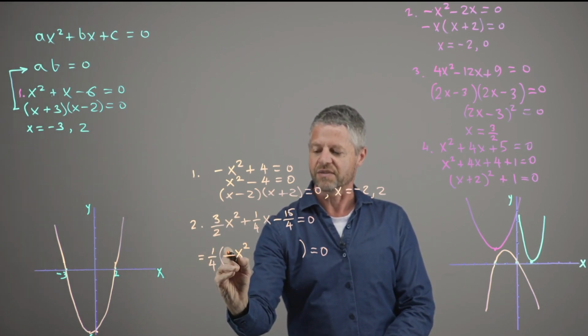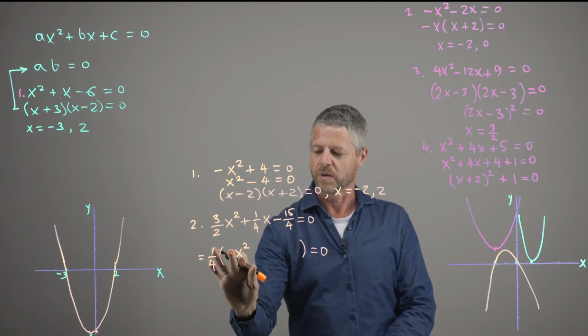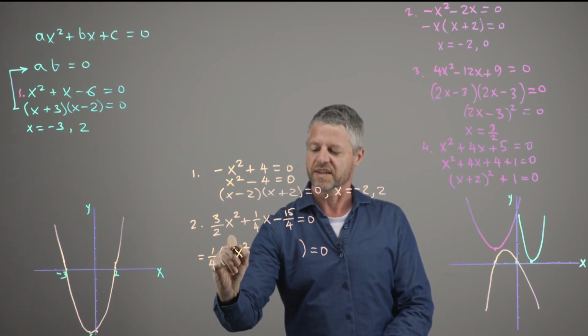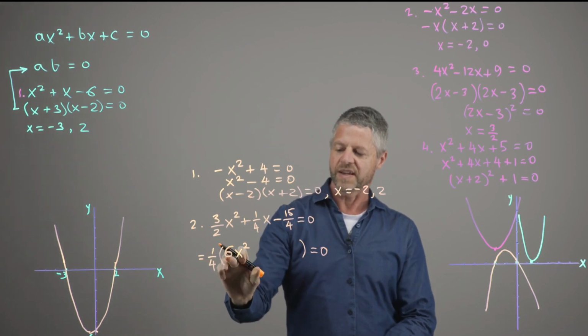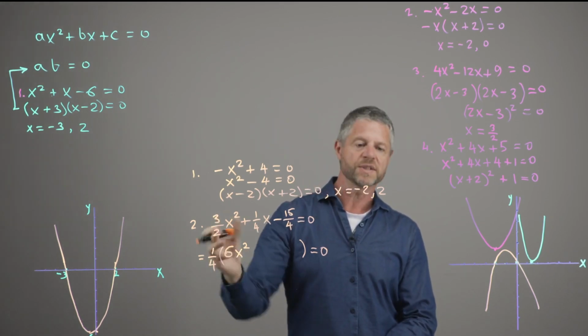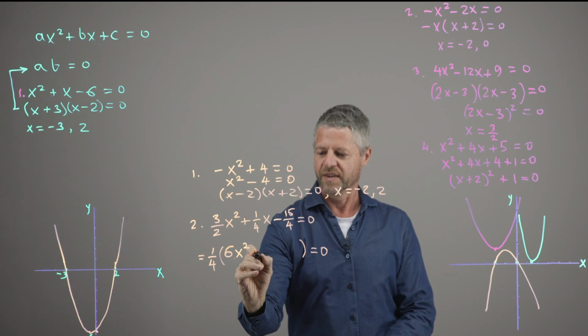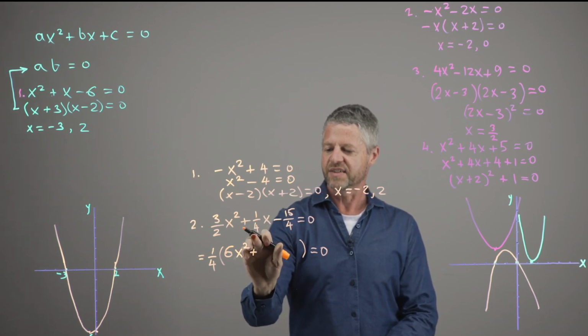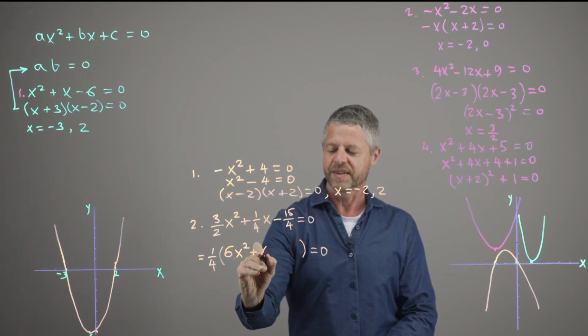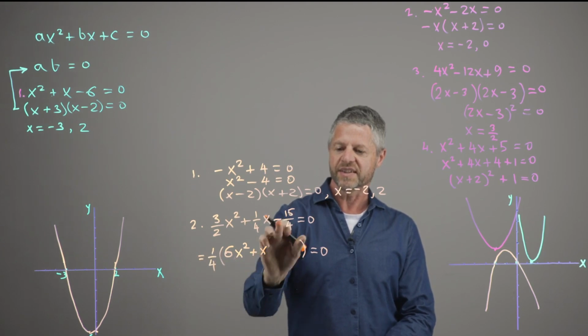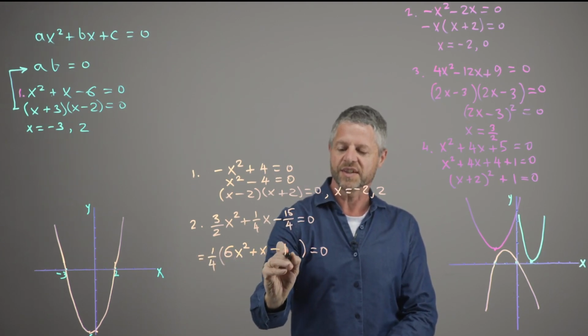So if I have 6, then 6 divided by 4 is the same as 3 divided by 2. And then for the x, that one's easy. So a quarter times x, and then the 15/4, that one's easy too.